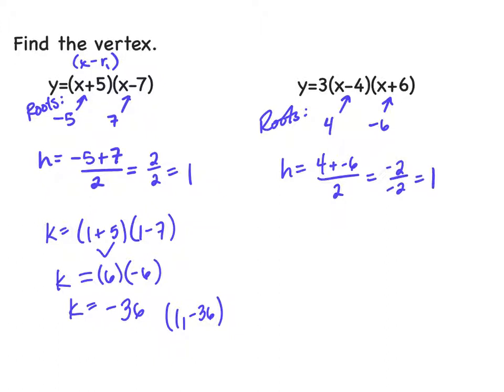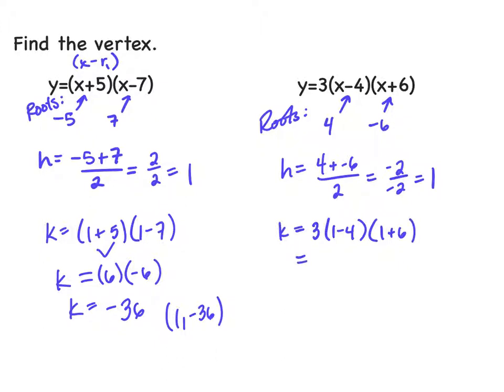To get my k value, I'm going to take the original equation, so 3, don't forget that 3, that often gets forgotten. 3 times 1 minus 4, times 1 plus 6.